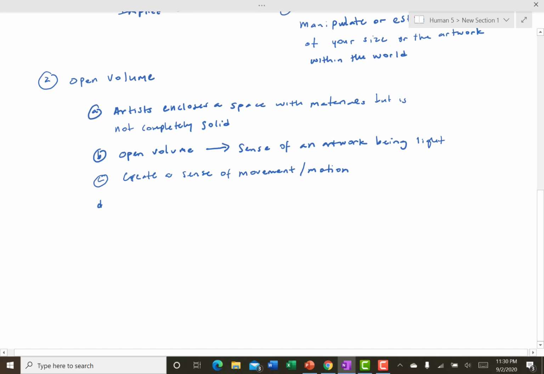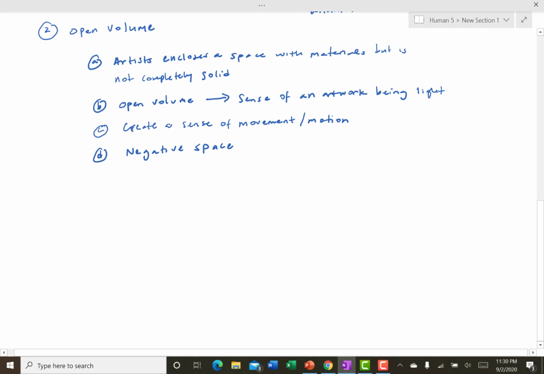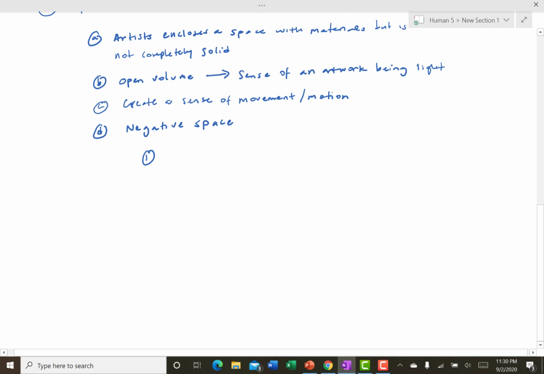Now, the other part of open volume that tends to come into play with this is called negative space. We looked at positive and negative shapes, and you have negative space in open volume. That aspect of it is simply the openings between the form. So if you have any type of form, and we'll look again at an example in just a minute, that's the negative space, and it creates the open volume.